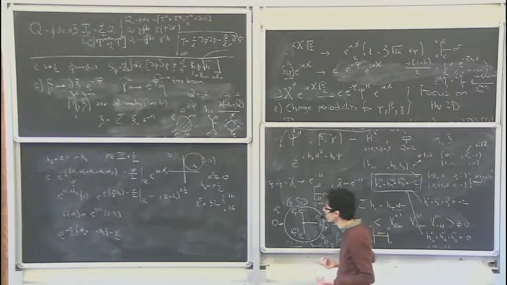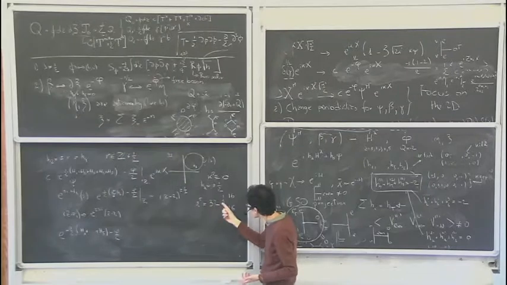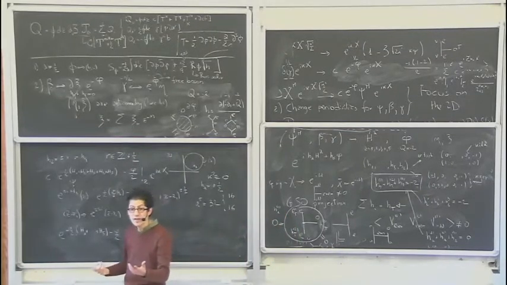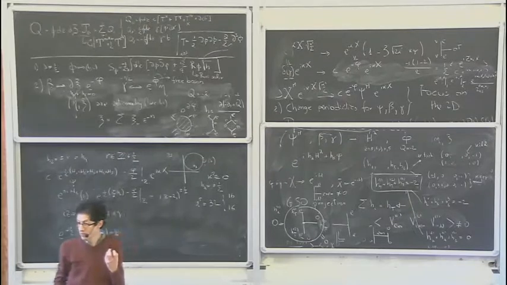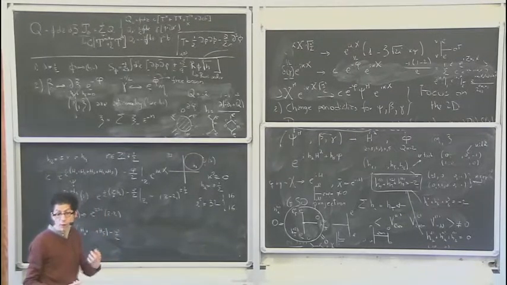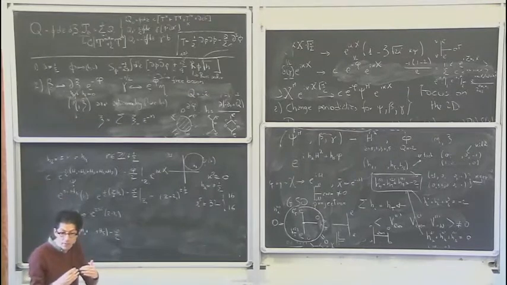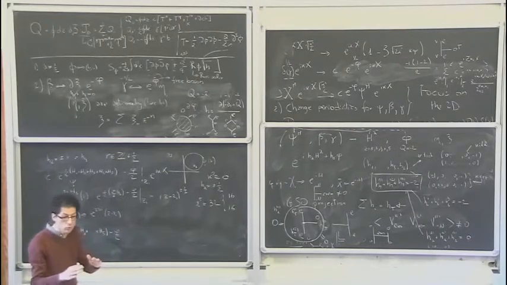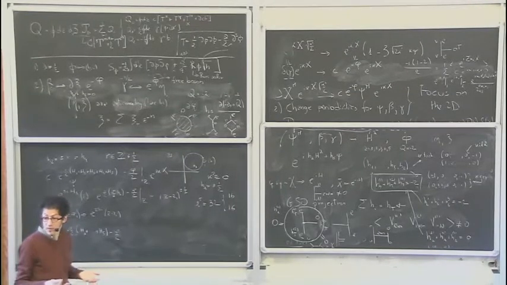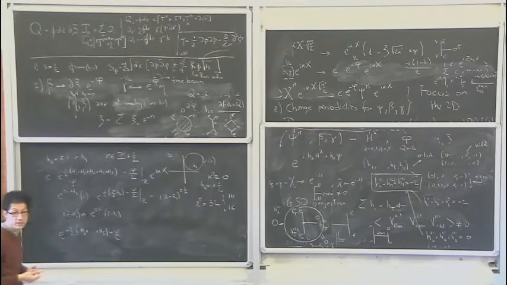Now you can ask the same question: what is the interpretation, from the space-time point of view, of this collection of massless states that come from the Ramond sector? We derive them from the worldsheet. There are 32 states, they are massless, but what is their interpretation? They have to form some representation of the space-time Lorentz group.